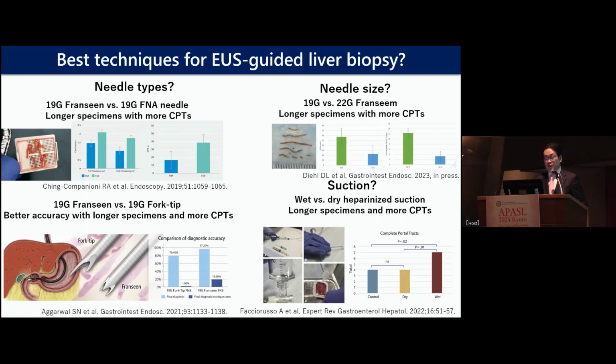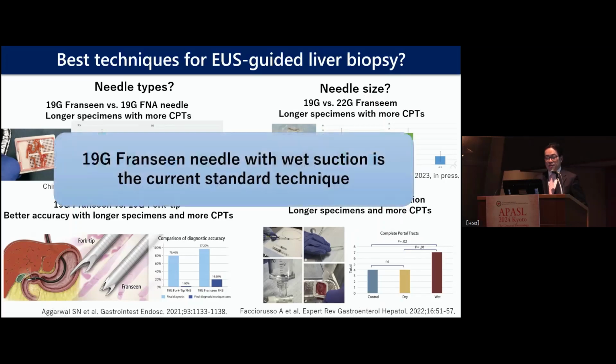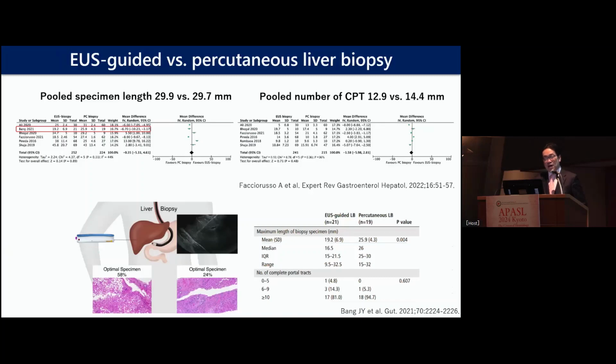We can use wet suction or dry heparinized suction, and in this trial, wet suction gave more specimen and more portal tracts. So right now, a 19-gauge Franseen needle with wet suction is the current standard technique for EUS-guided liver biopsy.